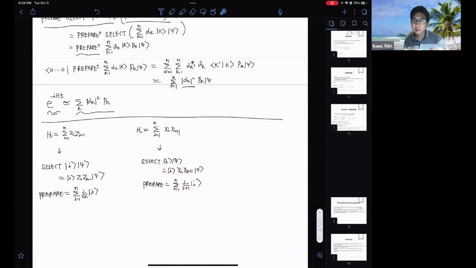And they are also related in a non-trivial way, because hypothetically, let's say I have alpha i squared there, then the prepare would be, well, now this is no longer normalized, but it'll look like this.